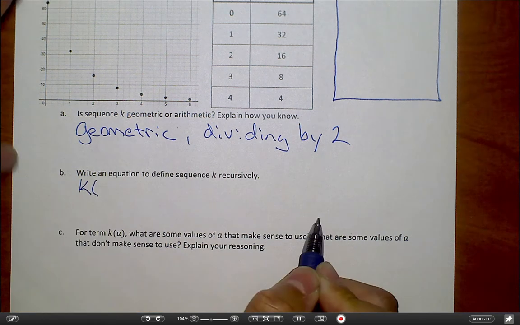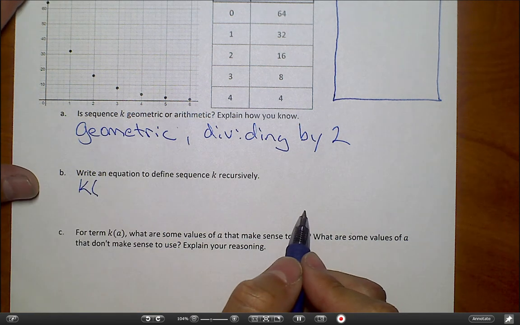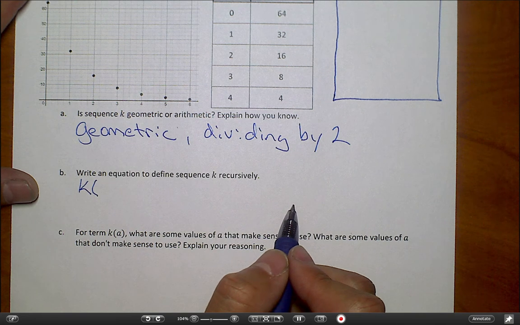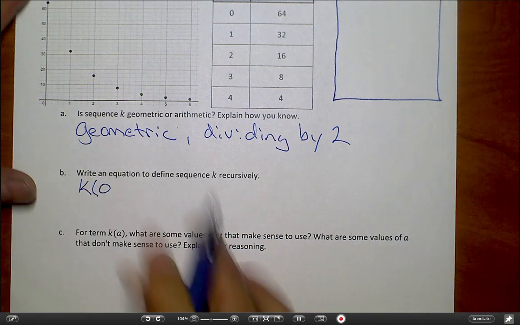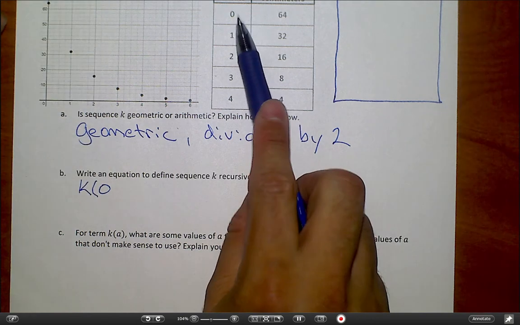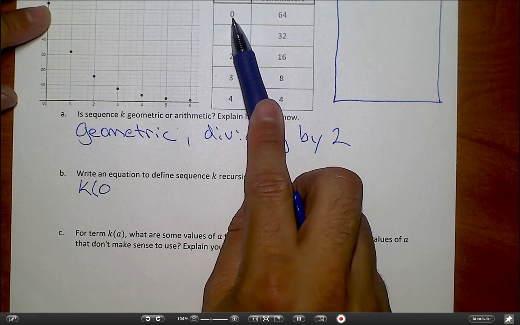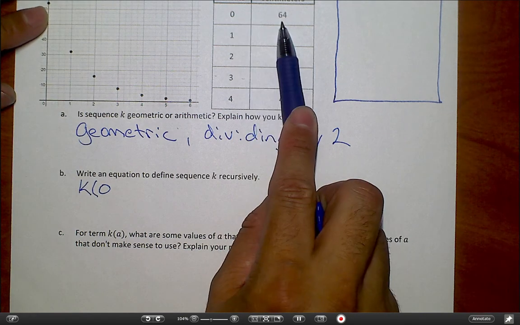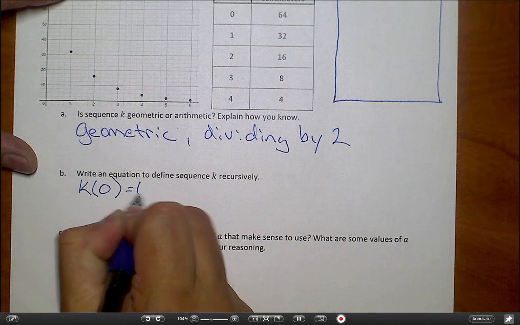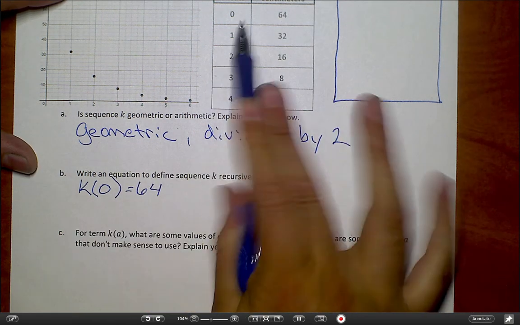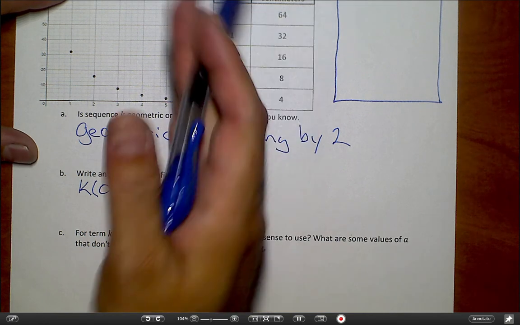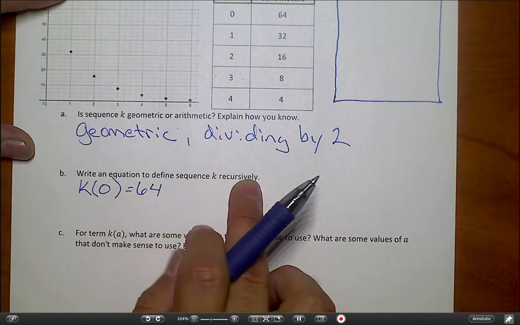What is my first n that I use? 0. Look right here. It's K of 0, that's the first one. K of 0 is 64. So from there, we have the first term.